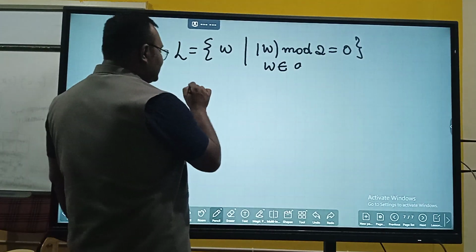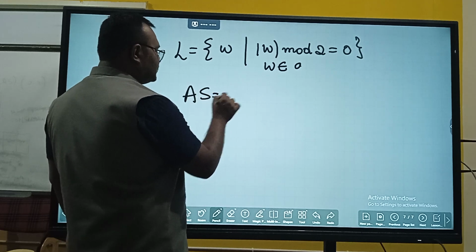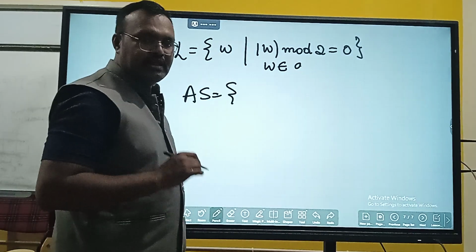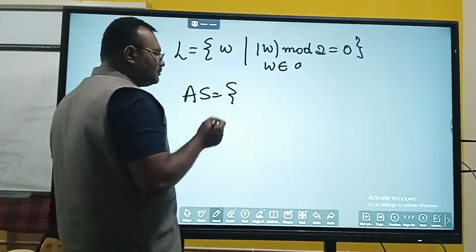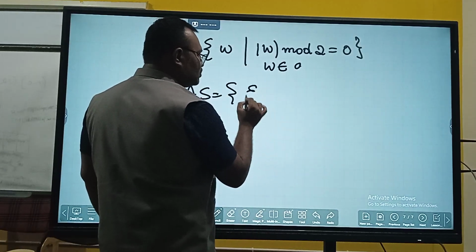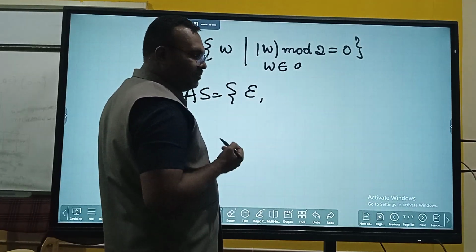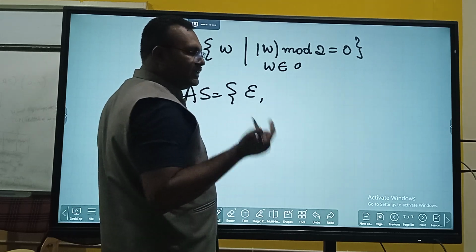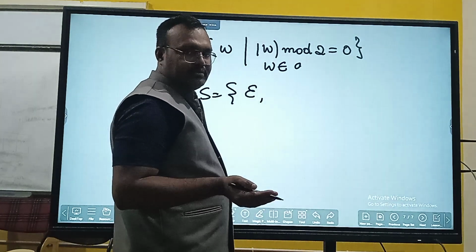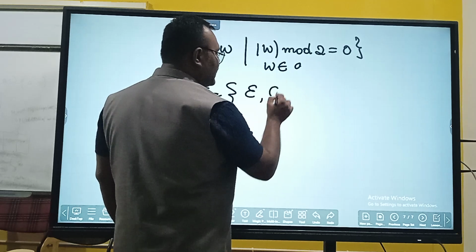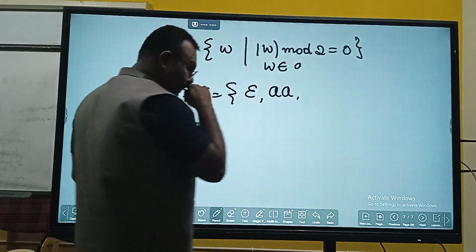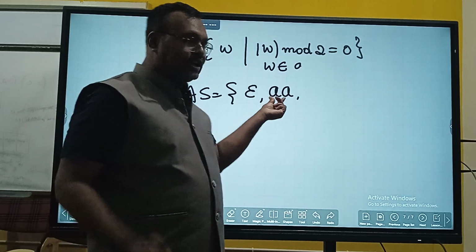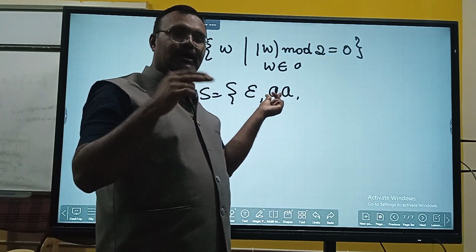Now, let us try to write the accepted strings for this given problem. The accepted strings can be epsilon also. Epsilon means 0, that is, it doesn't consist of any A's. Now, AA should be accepted because the length of the string is 2, and 2 is divisible by 2.